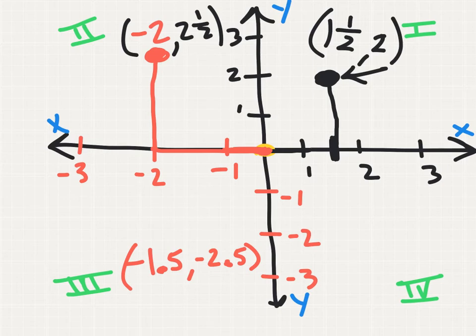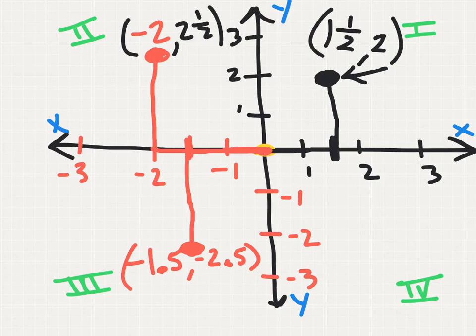Negative 1.5 takes me here. And then down to negative 2.5, halfway between negative 2 and negative 3. About right here. This point would be (-1.5, -2.5).